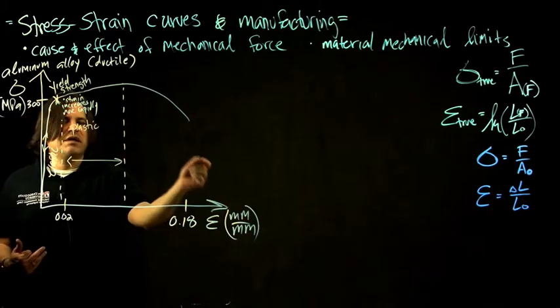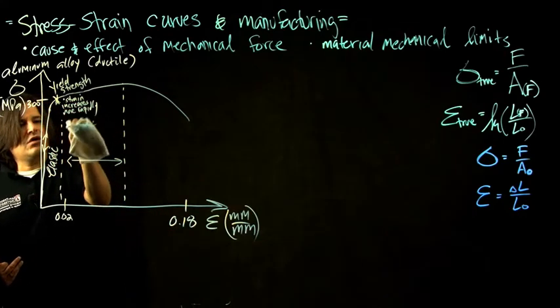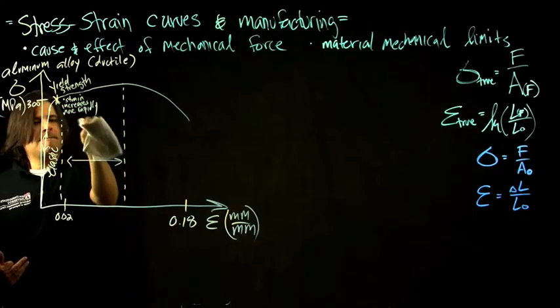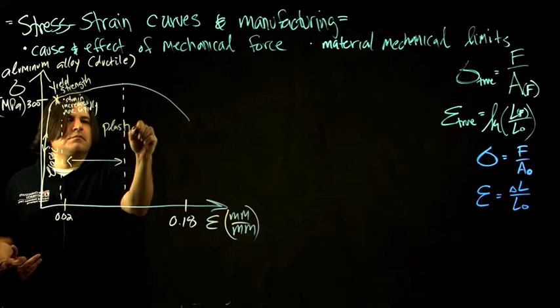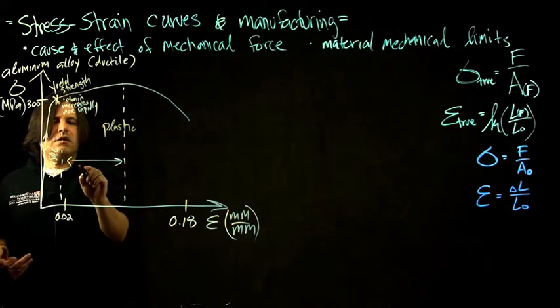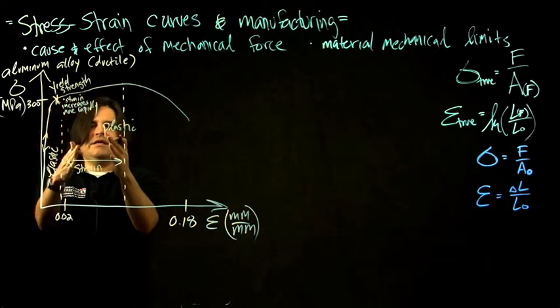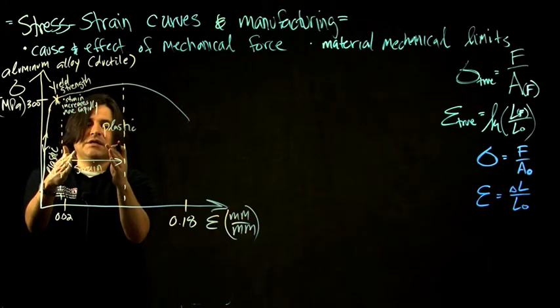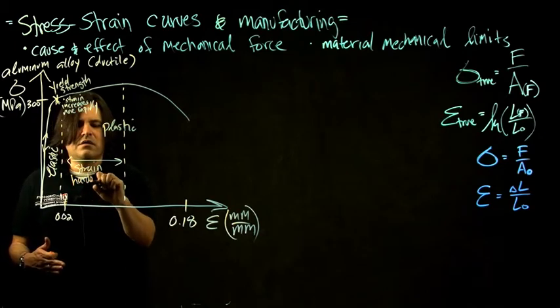Well, all of this is plastic deformation, but it's also where the material gets harder. And what you see here is that the material is going to stay in that position to some extent. I'll explain what else happens, but the material does get harder.